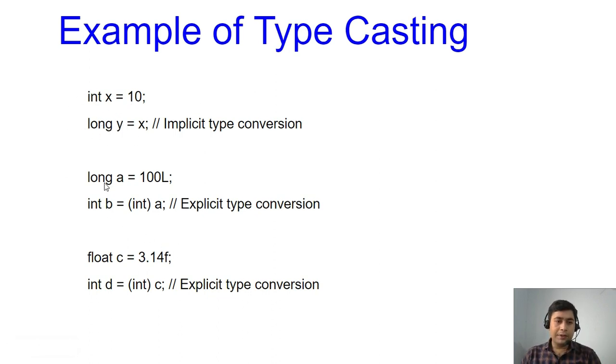Okay, if we talk about the long, it's a big data type and you are converting this value into the integer. So what is the size of the integer? It's small compared to the long.